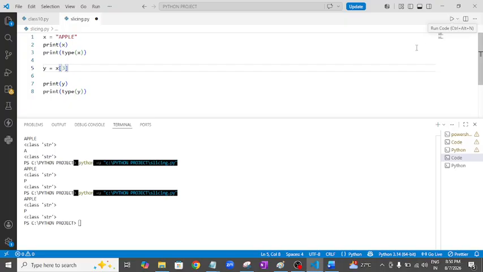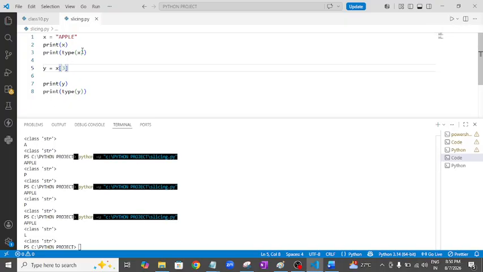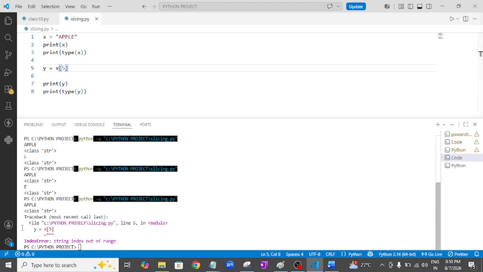Now if I do 3, it is going to be l. Now if I say 4, then again it is going to be e. Now if I say 5, let me see what it says.